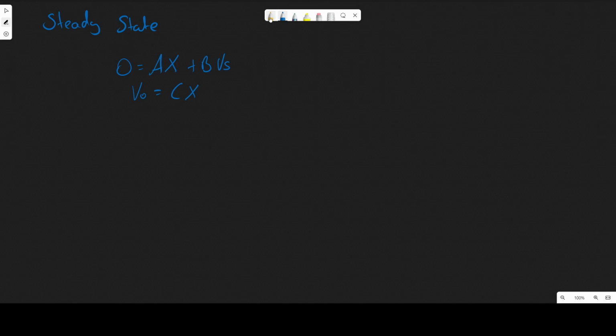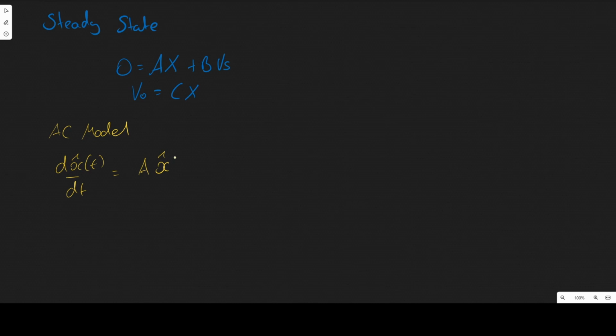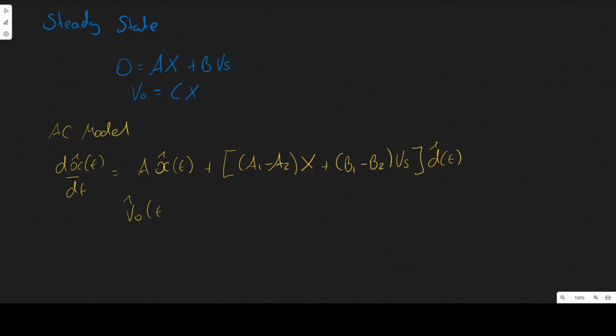And if we separate the first order AC terms, our AC model can be written as the derivative of x hat is equal to A x hat plus (A1 minus A2) x plus (B1 minus B2) Vs times d hat, and the AC output Vout hat is equal to C x hat plus (C1 minus C2) x times d hat.